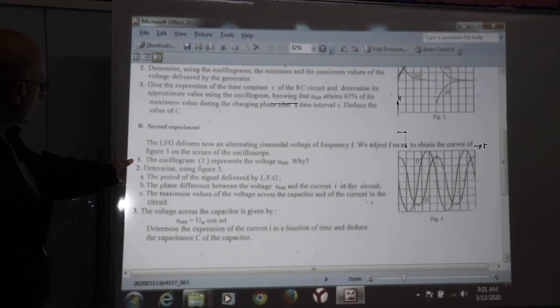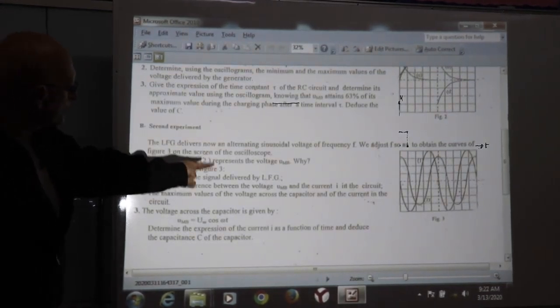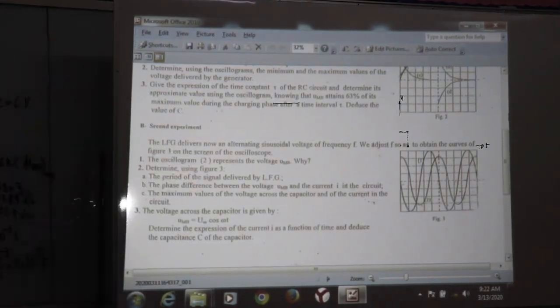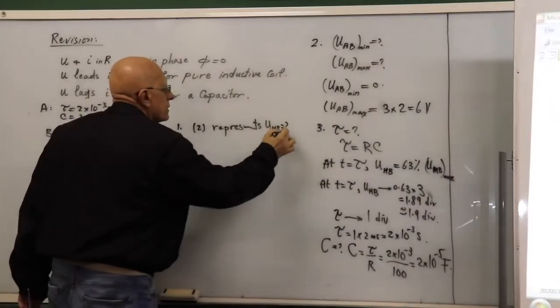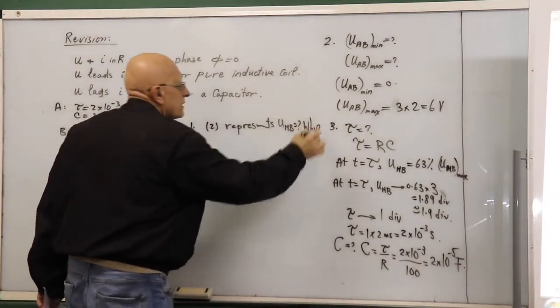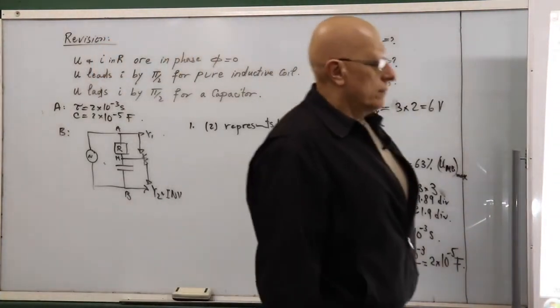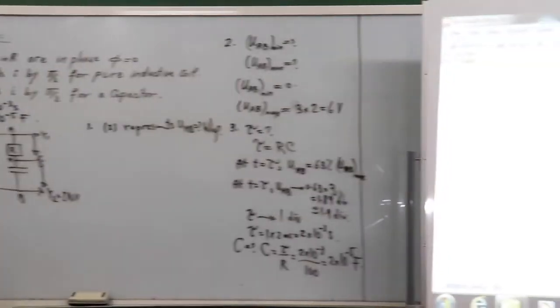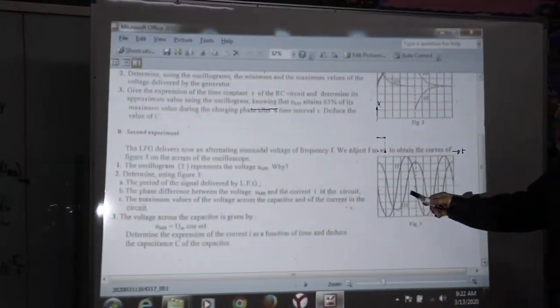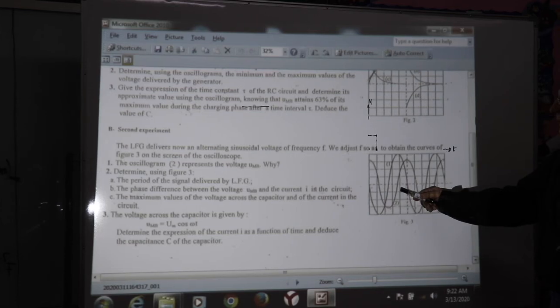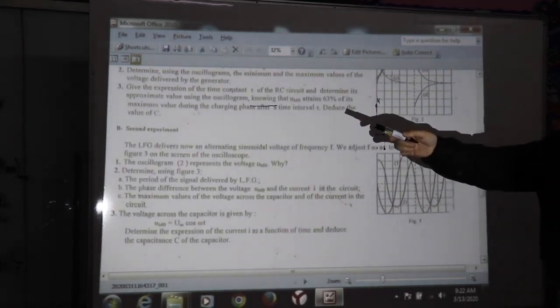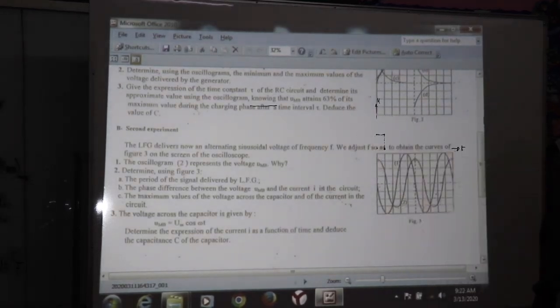He says, 1, the oscillogram 2 represents voltage UMB. The question is, why does 2 represent UMB? As we said, you have here the case of R and C connected in series.